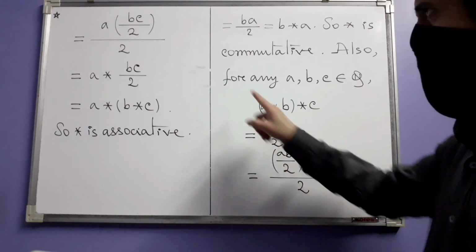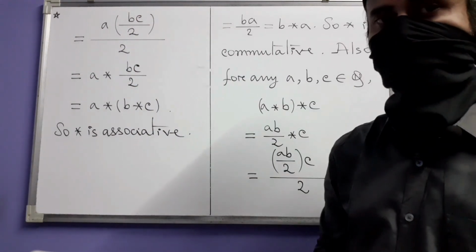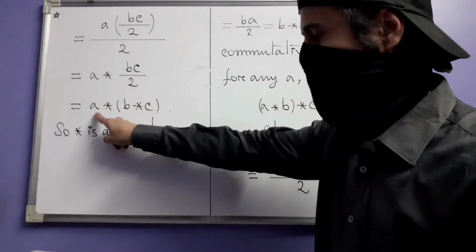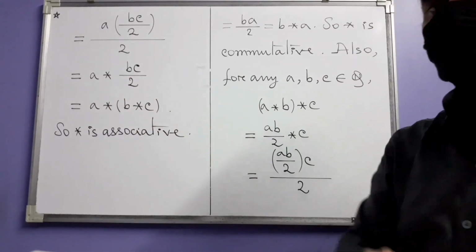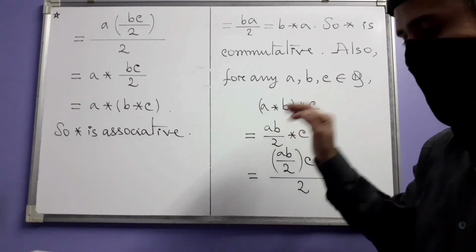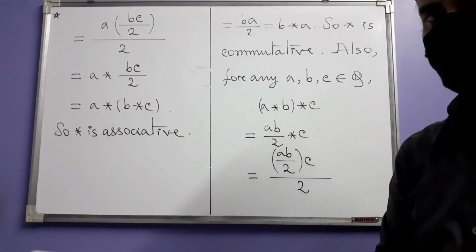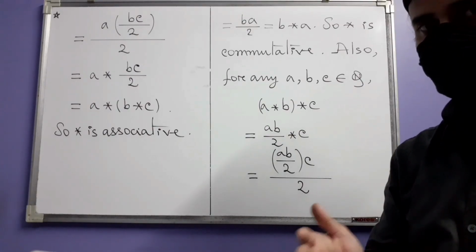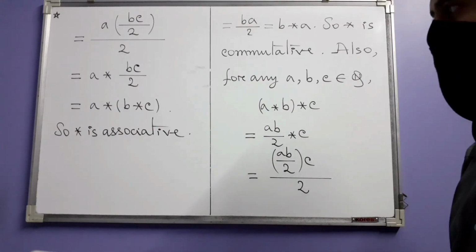In place of this, we have written A times BC divided by 2, which is A star BC over 2, and that is just A star B star C. So you see that this operation is associative and it's also commutative. So it's like ordinary addition and multiplication of real numbers.